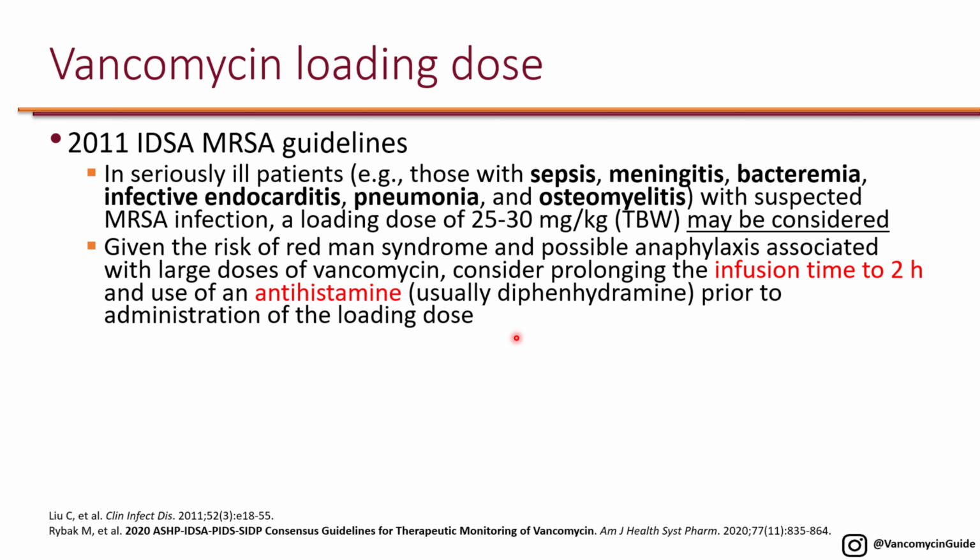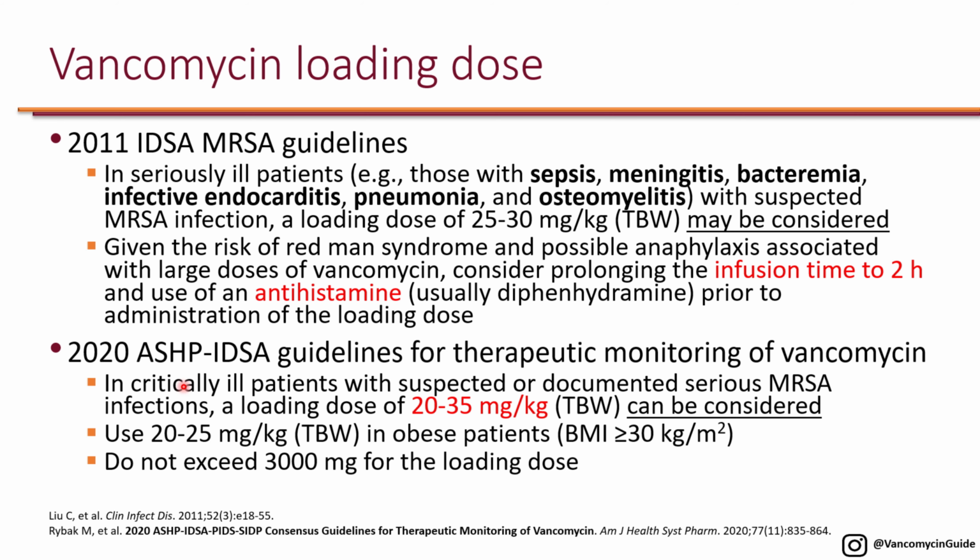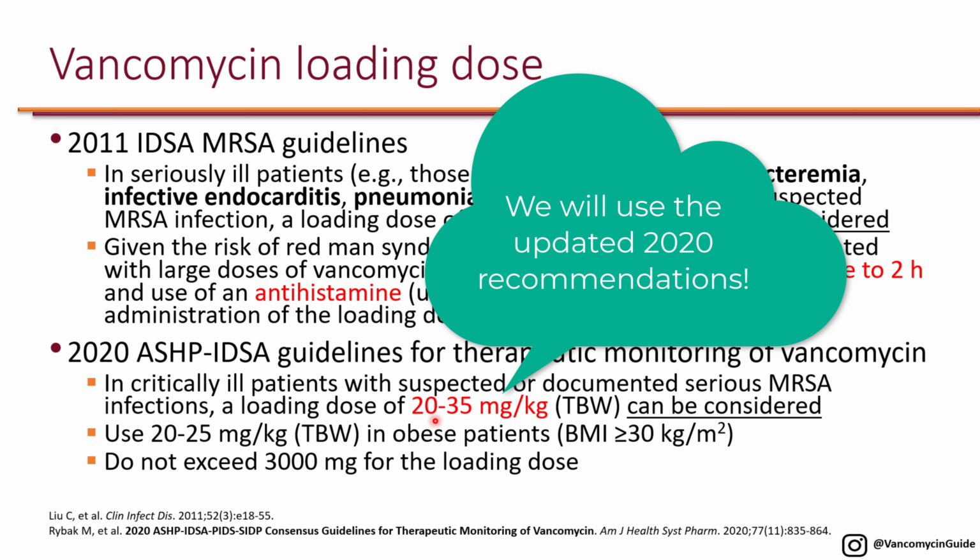Now, the new 2020 ASHP IDSA guidelines for therapeutic monitoring of vancomycin said that in critically ill patients with suspected or documented serious MRSA infection, basically the same types of infection that were listed above, they actually give a wider range of dosing, so 20 to 35 milligram per kilo of total body weight.